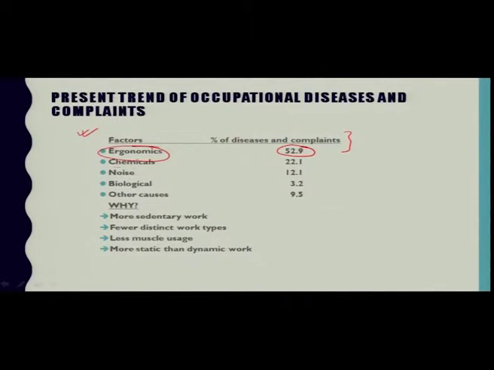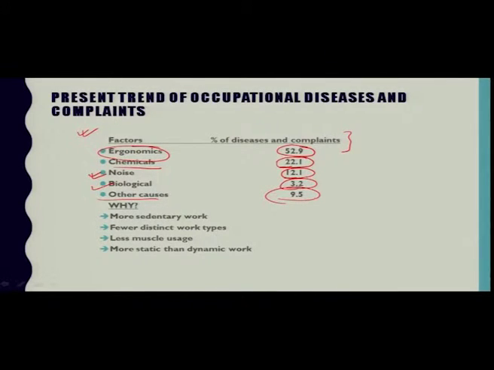There are various chemical factors in industries, which have about 22% of diseases and complaints. Noise factors have around 12%. Biological factors have approximately 3%, and other causes have around 9.5%.